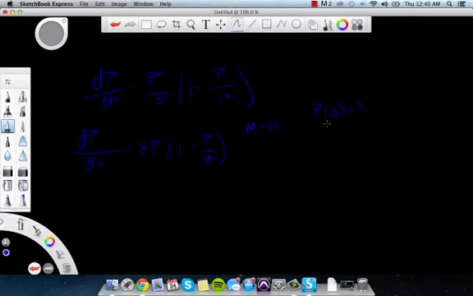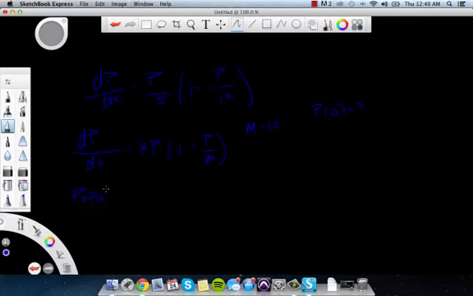And I thought overall this was a fairly easy free response, but I thought this part was particularly easy because, again, kind of like part A, you don't have to do much work if you know that the population is always growing fastest when the population is 1/2 of the carrying capacity. So I'll go ahead and write that.